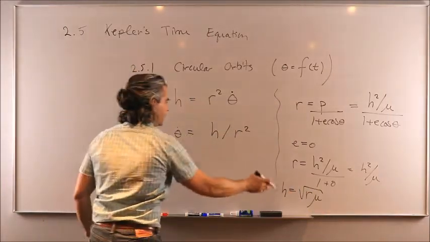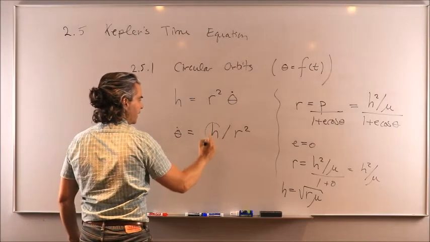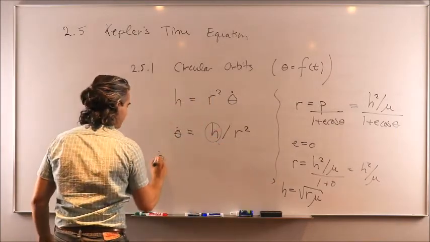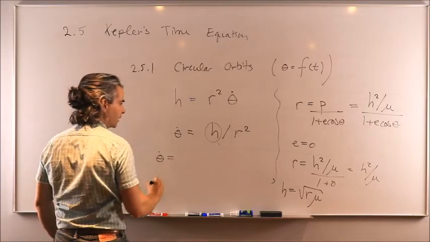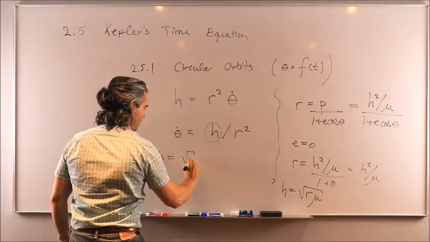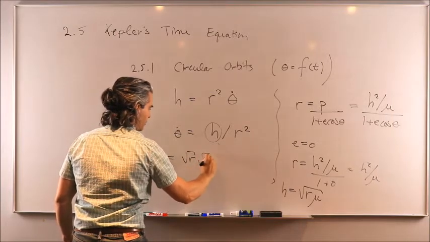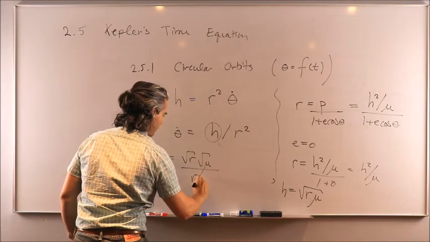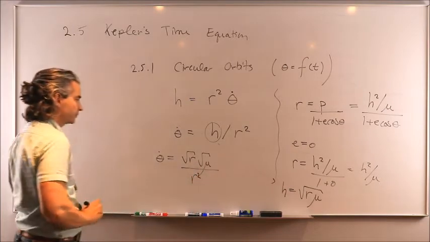So I'm going to come back here and substitute my h for this expression and see what we end up with for theta dot. So theta dot would be square root of r, square root of mu, divided by r squared.